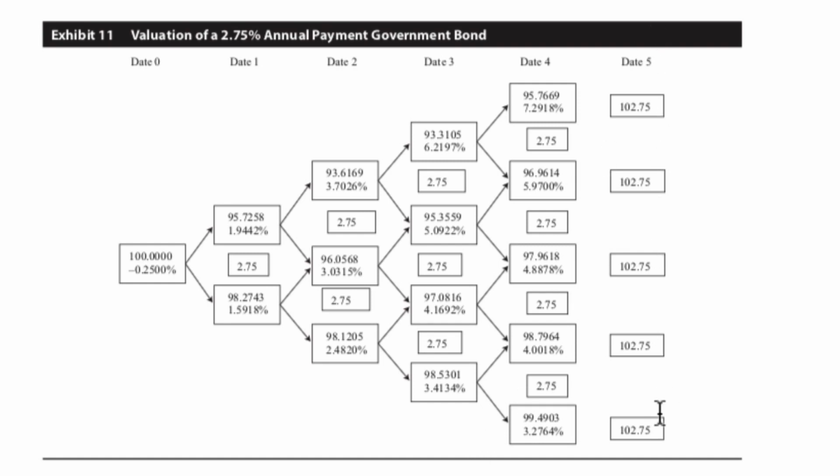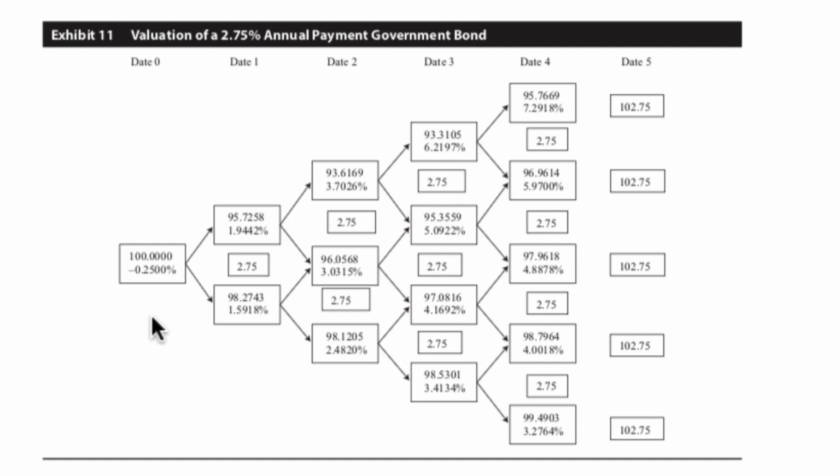We start at this end of the tree and we price back one node at a time. Then to get the value here, this 93.3105, it's 50% of this value plus 50% of this value, add on the coupon, and then you discount it by whatever interest rate happens to be associated with that node. And you just keep going backwards till you get to the end.